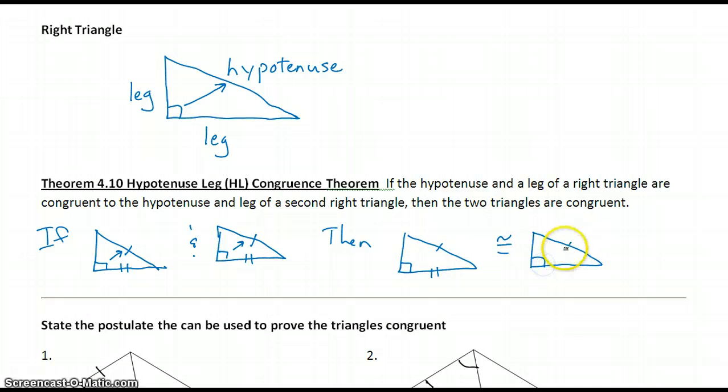And after my triangles are proved congruent, all the remaining parts will also be congruent. So the hypotenuse leg, the HL theorem, gives me another way to prove triangles congruent.